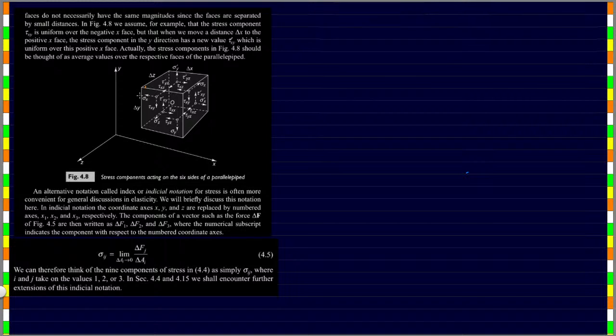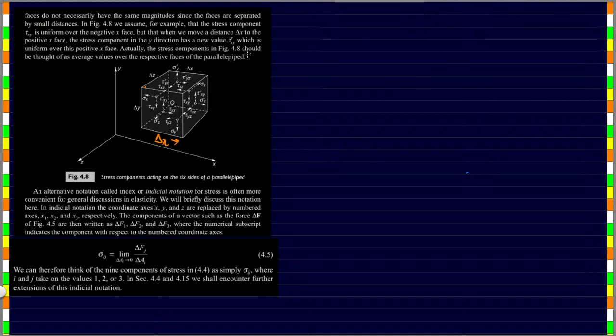But when we move to distance delta x, so when we move in this particular direction, this is the positive x face. On this positive x face, the stress component acting in y direction is written as tau xy dash, which is uniform over this positive x face. So the values tau xy and tau dash xy need not be the same. That's what it is telling us.